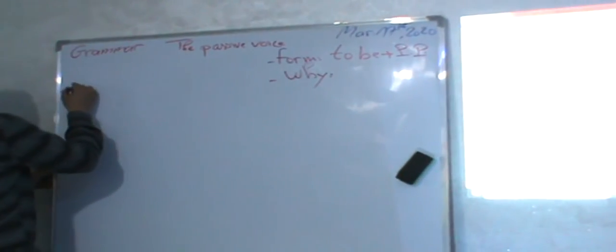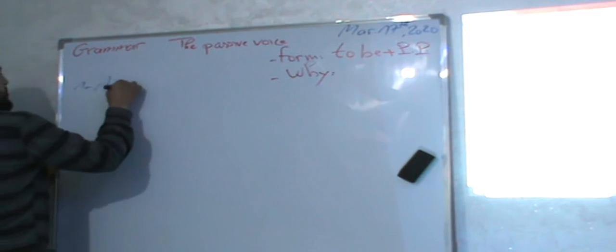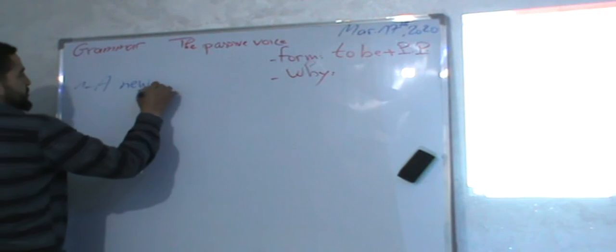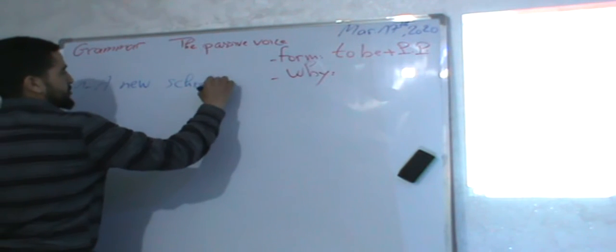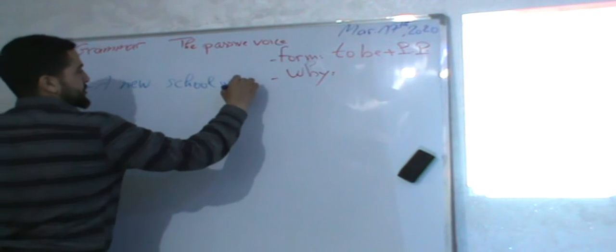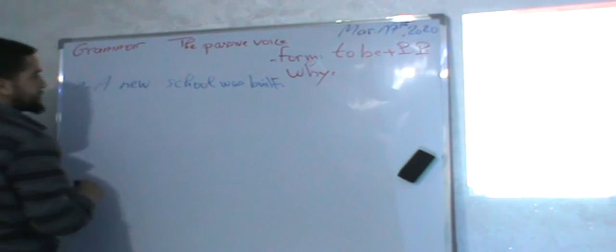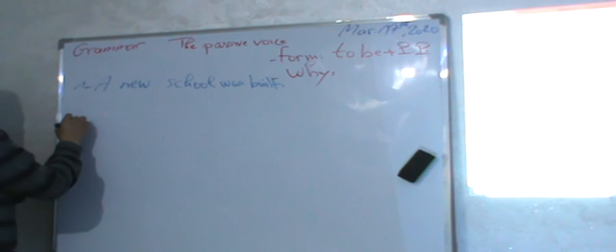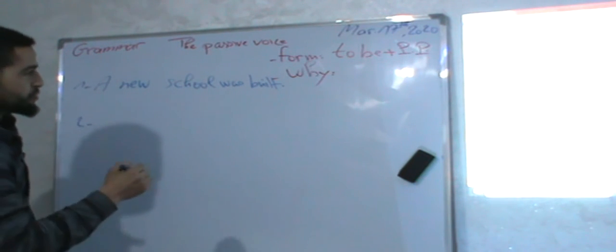So the first example from that paragraph would be: a new school was built. Another one, trees were planted.